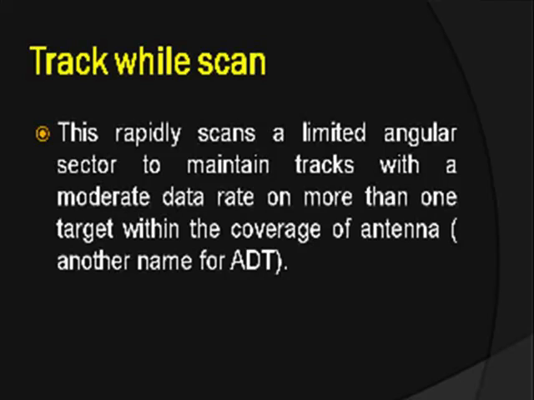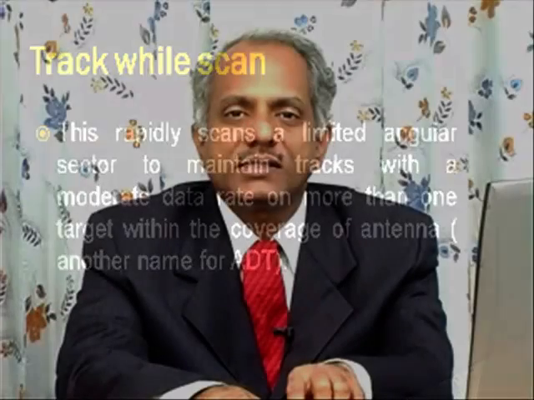One is a single target tracker, which is meant for tracking single targets. Next we have automatic detection and track, which can track multiple targets, and it can be used also as a surveillance radar.